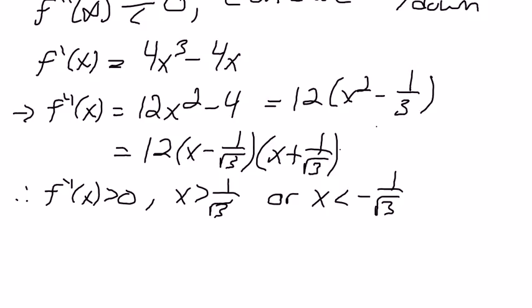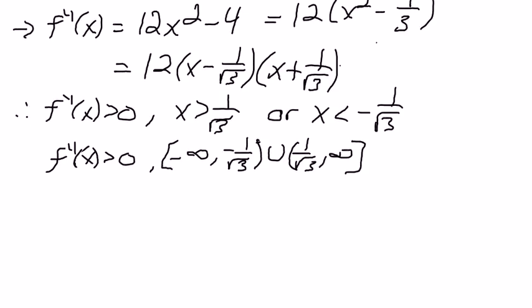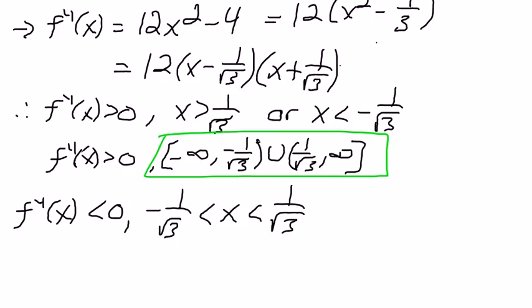So what this means is that our double derivative of x is greater than 0 on an interval from negative infinity to negative 1 over square root of 3, and then again from 1 over square root of 3 to positive infinity. And it is negative simply when x is between those two values.